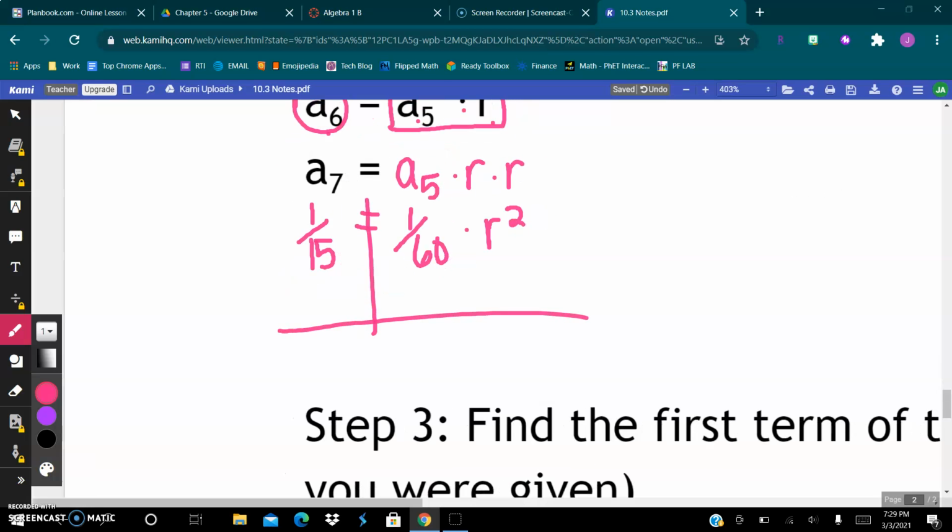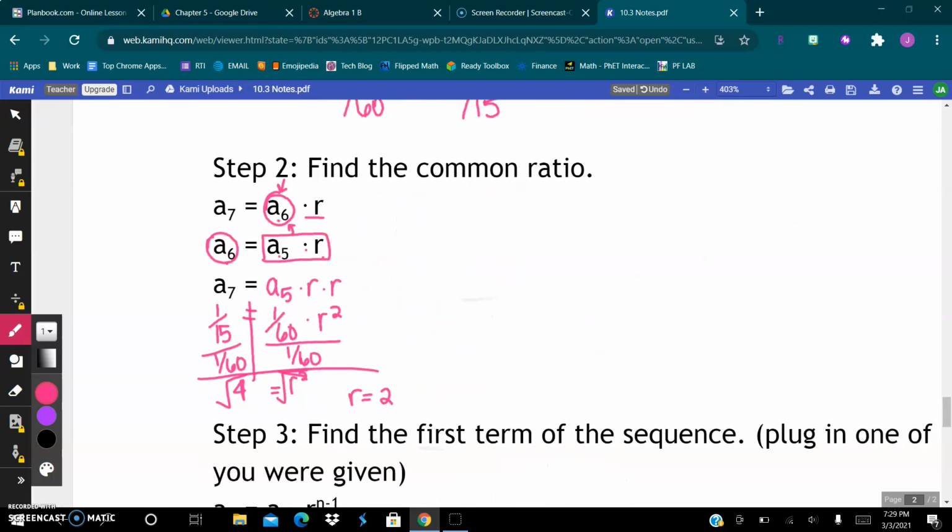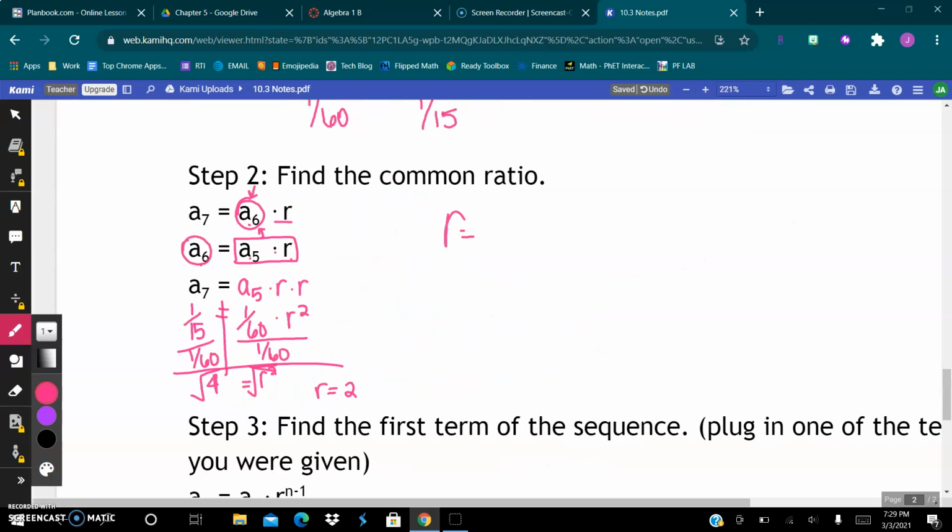So 1/60th times r squared, I can divide by 1/60th and figure out what r squared is. And 1/15th divided by 1/60th is actually 4. And then to cancel out the square, we're going to do the square root. So that's going to leave us with r. And the square root of 4 is 2. So we just figured out that the common ratio is 2.